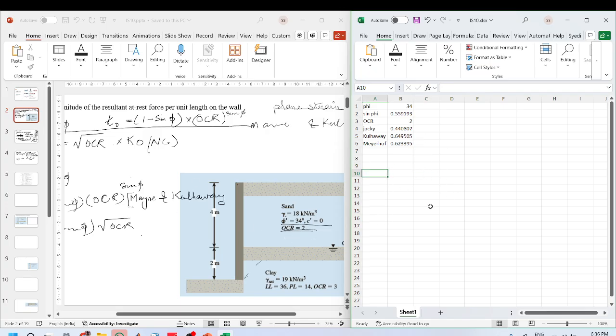And let us divide our height. The whole height is 6 meters, you know.